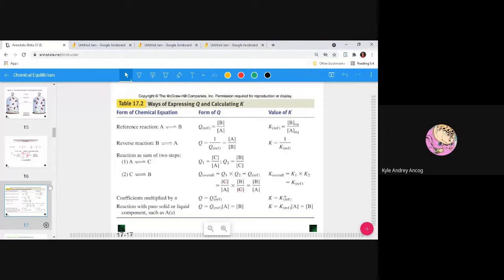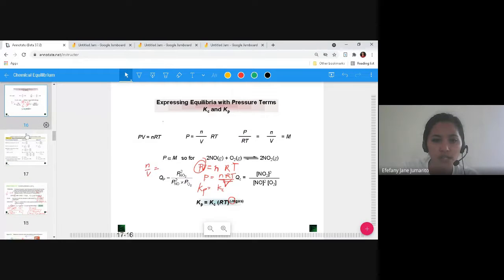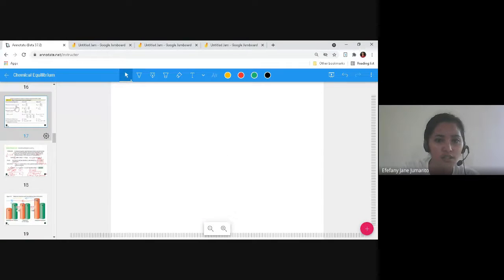There is no pressure in aqueous, ma'am. In solution, it's only concentration. Yes. But also, when we have gases, it can be concentration or pressure. So we have that one, PV equals nRT.